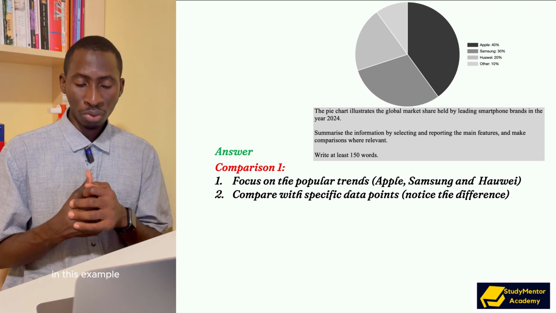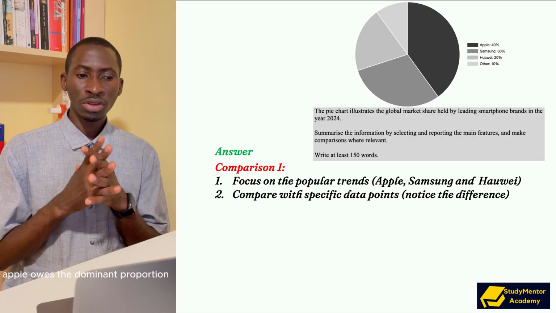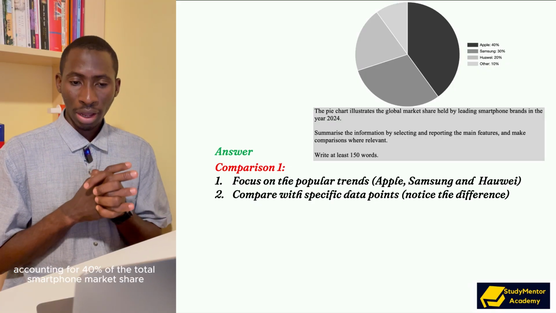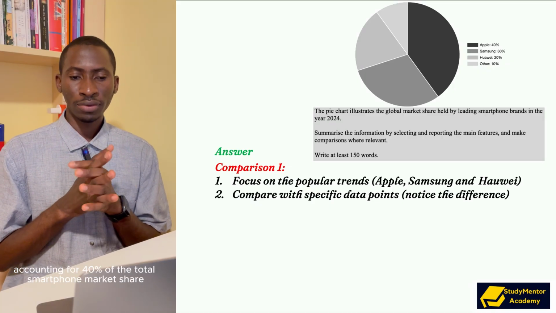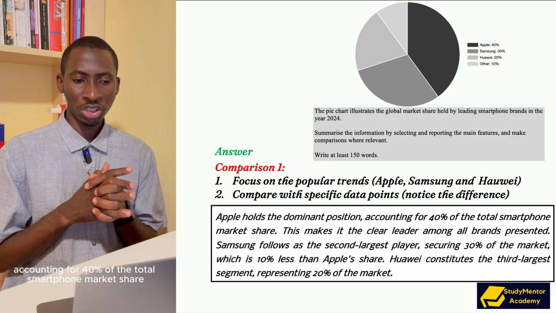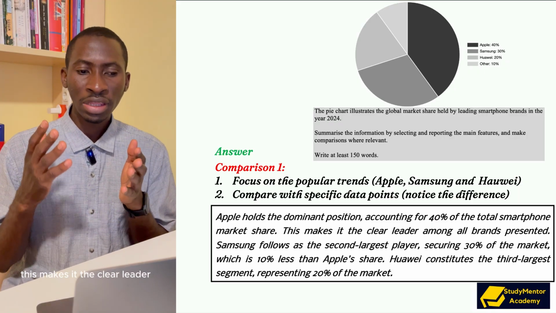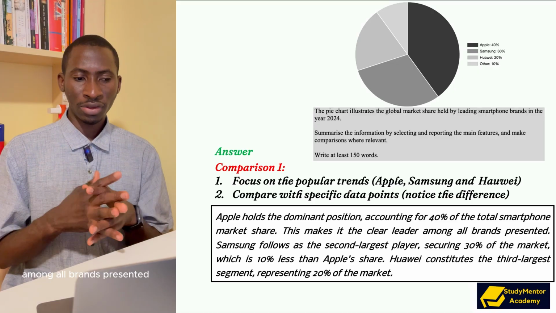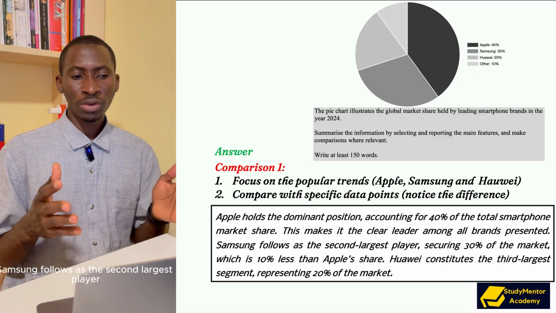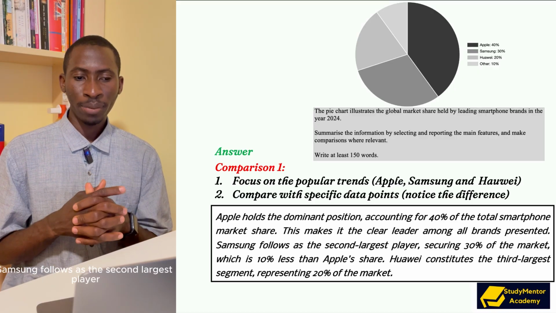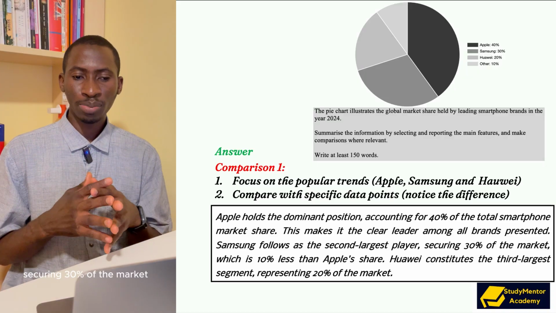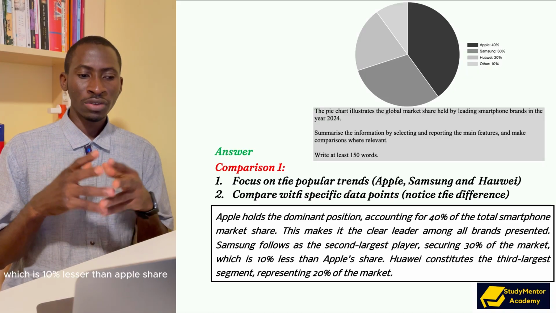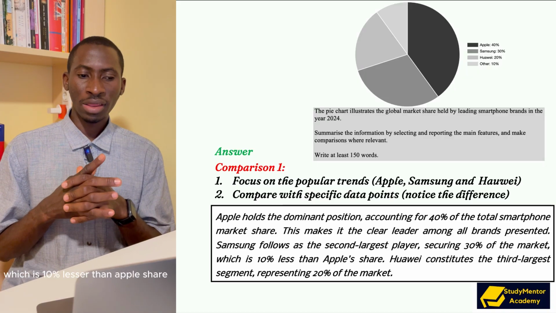In this example, Apple holds the dominant proportion, accounting for 40% of the total smartphone market share. This makes it the clear leader among all brands presented. Samsung follows as the second largest player, securing 30% of the market, which is 10% lesser than Apple's share.